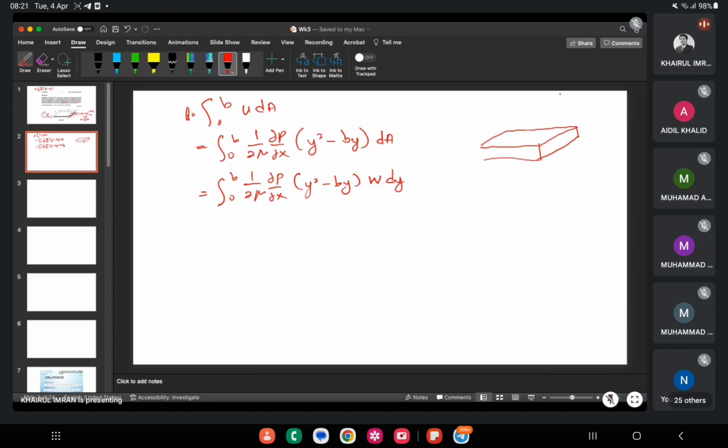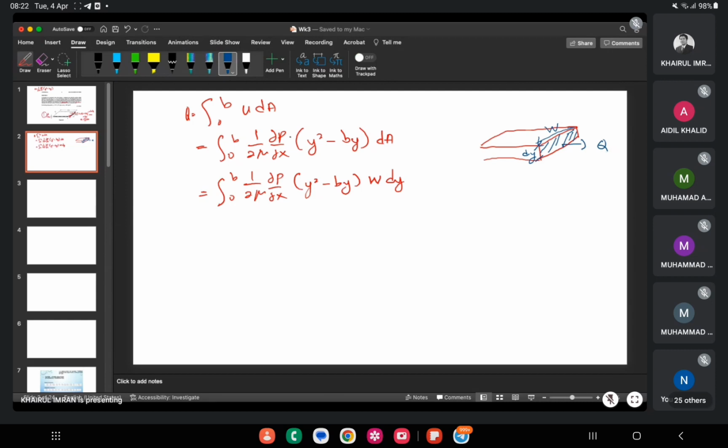Okay, so the height is yang ini height. Okay, so yang ini adalah dy, whereas yang ni for this one is actually the width. So area would be this one. This is the area. And this is the direction of Q, Q direction. Right?